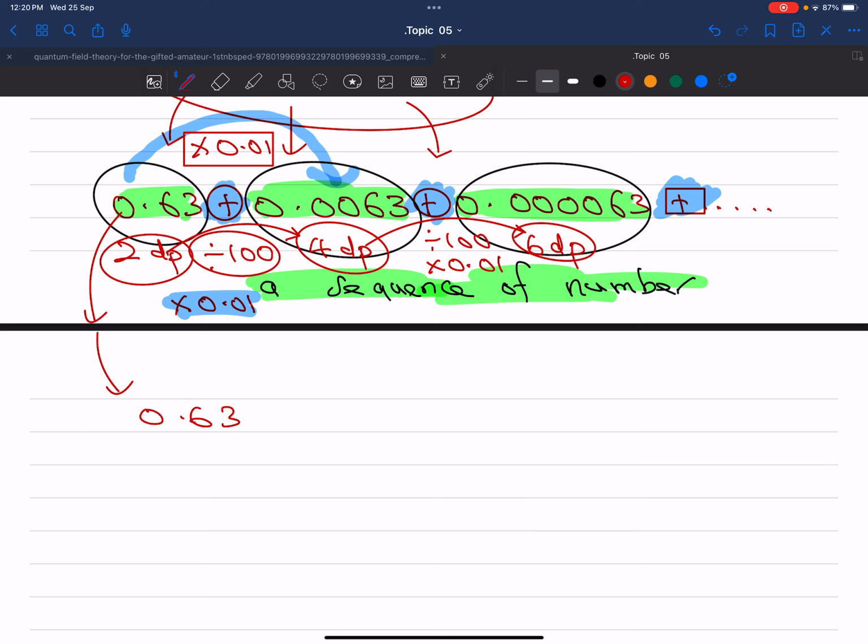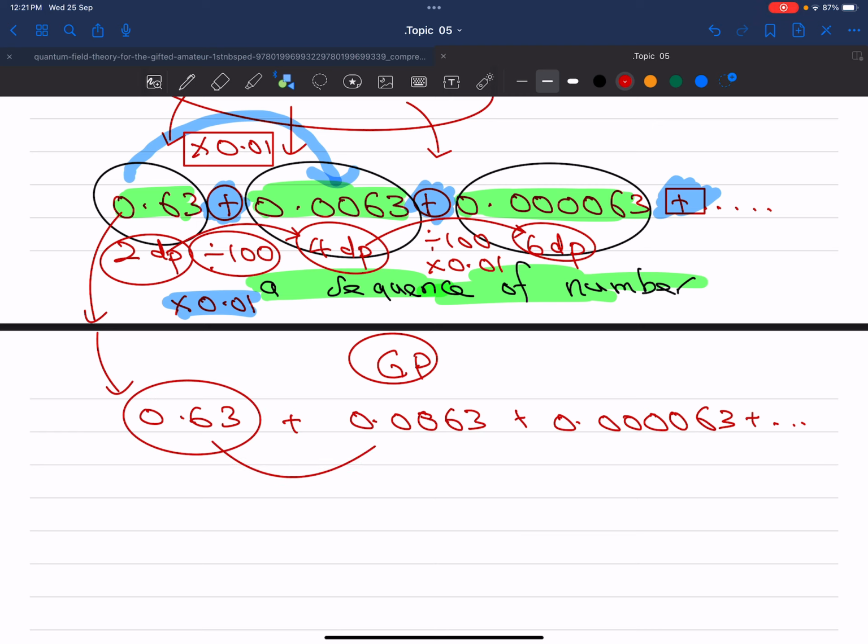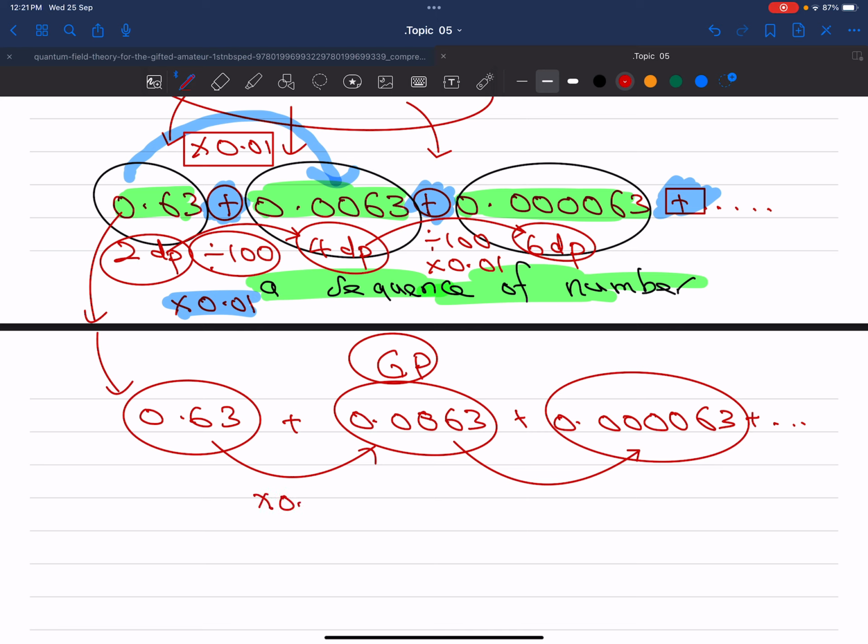So therefore, the sequence of numbers that we have, 0.63 plus 0.0063 plus 0.000063 plus, continue. This is a GP. That part is established. And in this GP, from the first term to the second term, or the second term to the third term, it was times 0.01.